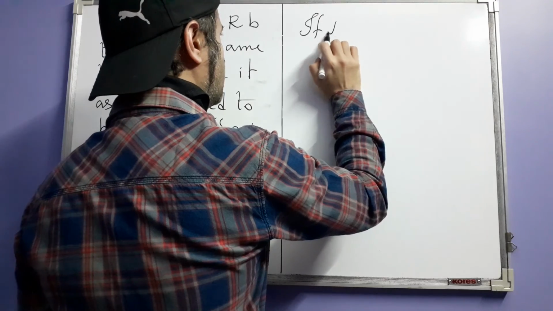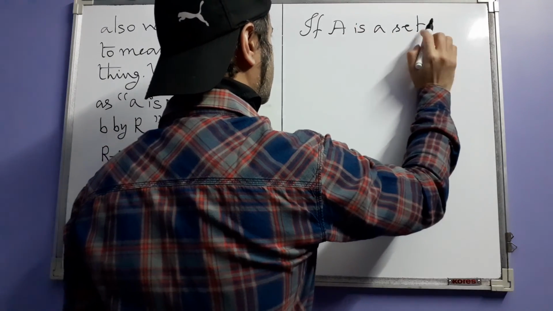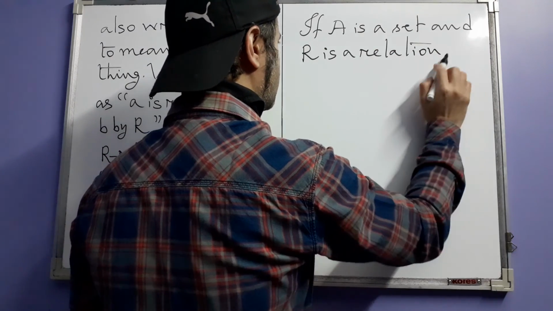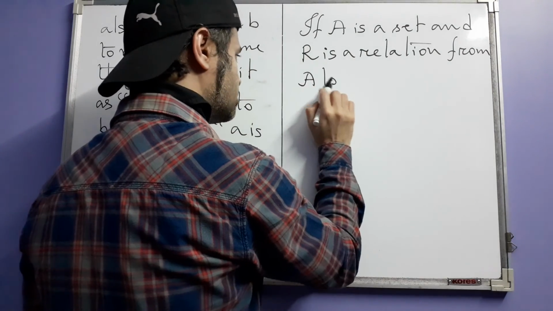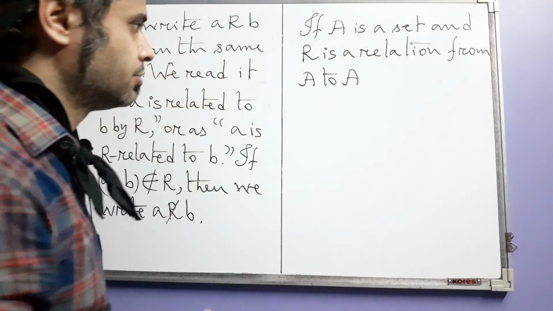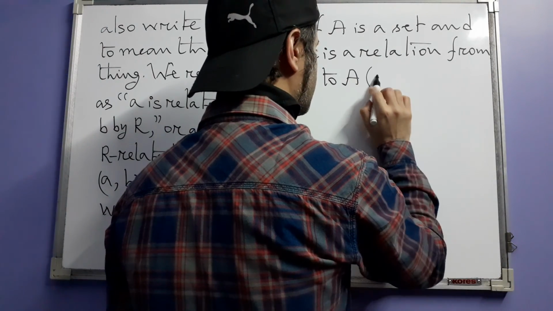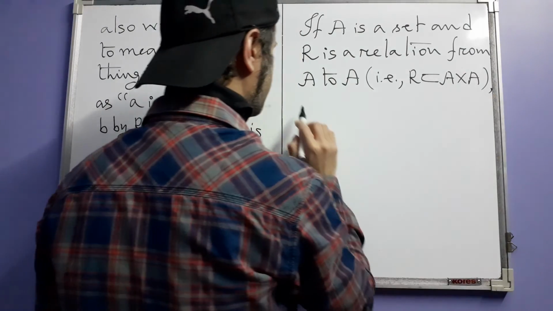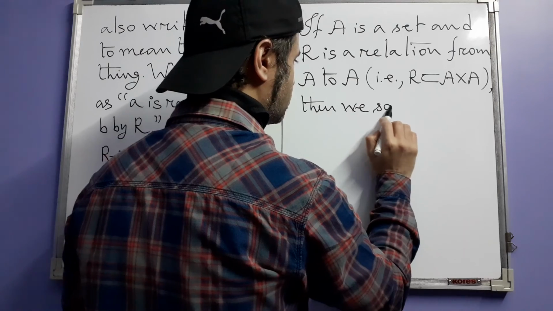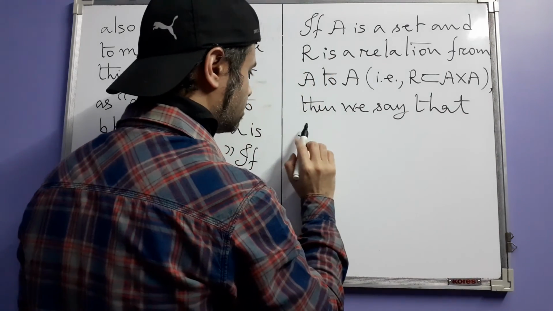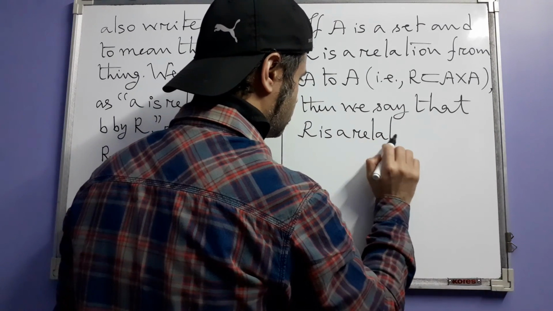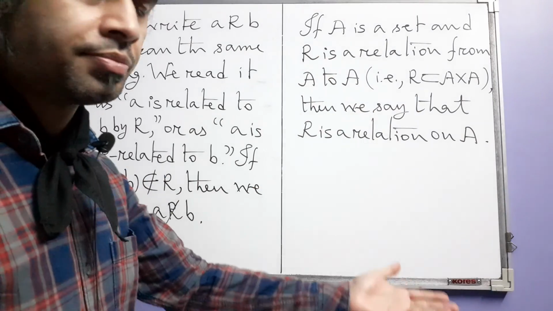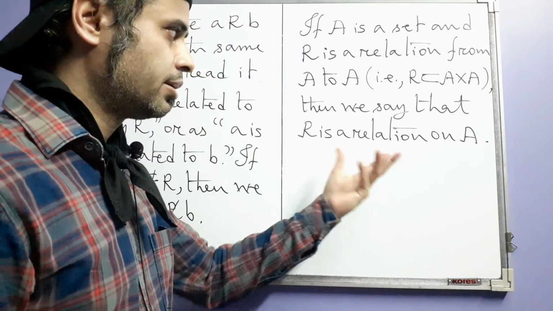If A is a set and R is a relation from A to itself, from A to A, that means in this case B is equal to A, i.e. R is a subset of the Cartesian product A times A, then we say that R is a relation on A. It's a little cumbersome to keep saying from A to A. Instead, because both the sets are the same, you can have a slightly more compact language.